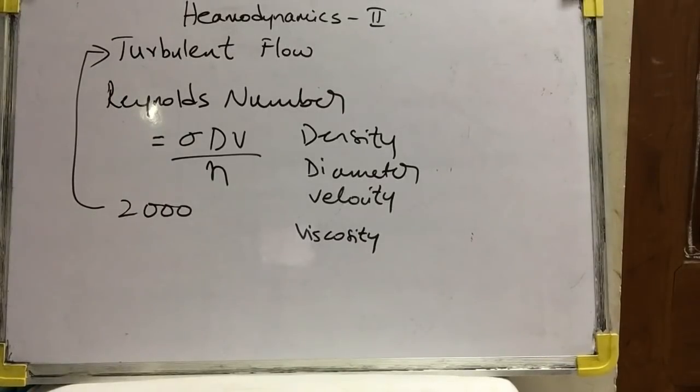The Reynolds number will be more than 2000 and that will result in turbulence of the blood flow. So the Reynolds number determines the turbulence of the blood flow.